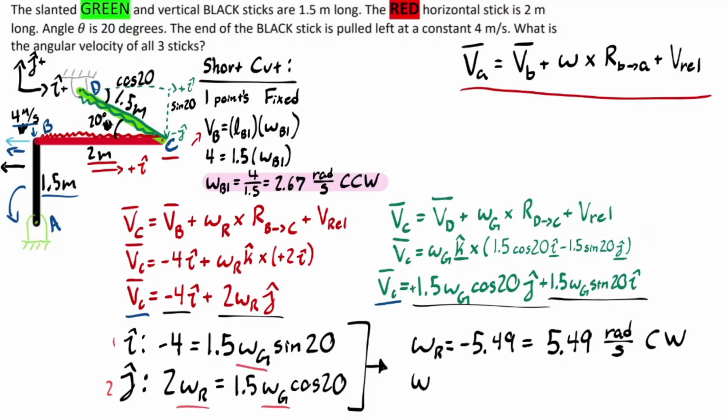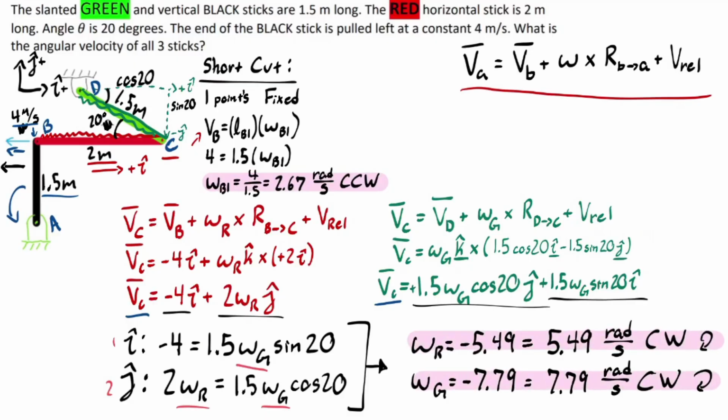And then the green one, I get negative 7.79, same thing, 7.79 radians per second, again in the clockwise direction. All right, so this way, this way. And I think that just should be our answers, right?